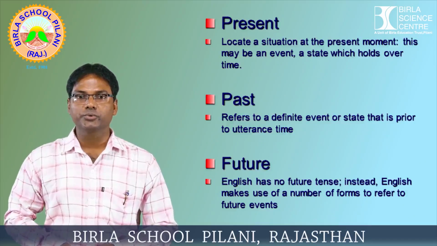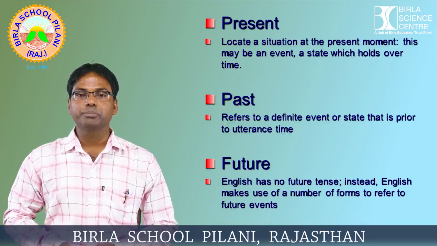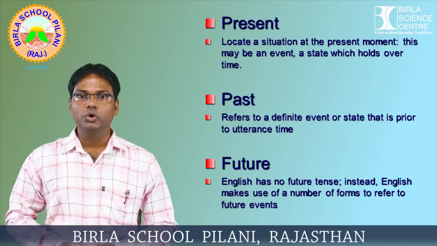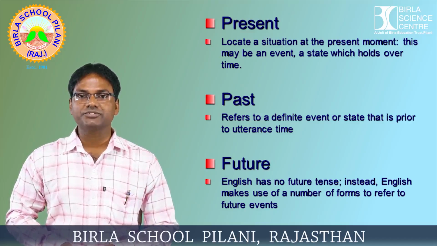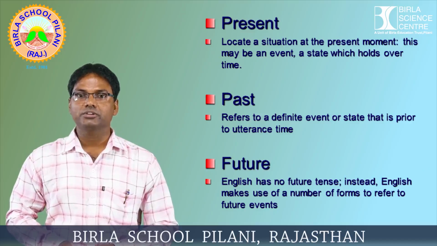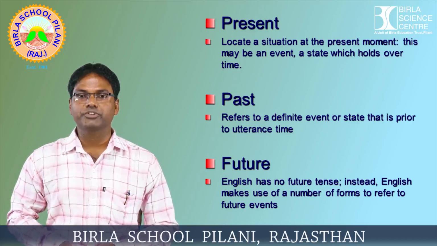As you already know, tenses are of 3 types. The first one is present tense, which locates a situation at the present moment. Whatever we are doing at the present moment is referred to in the present tense. This may be an event, a state which holds over time, at present moment, at present situation.